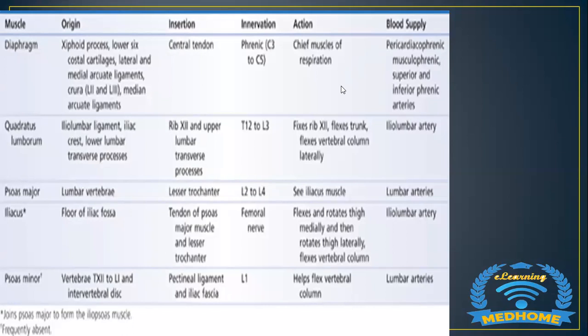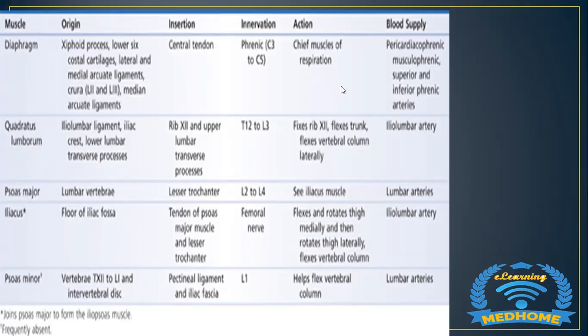Psoas major has origin from the transverse processes of the lumbar vertebrae, and it is inserted on the lesser trochanter of the femur, and its nerve supply is L1 and L2. And psoas minor is lying in front of psoas major, and it originates from T12 and L1 and is inserted on the iliopectineal eminence.